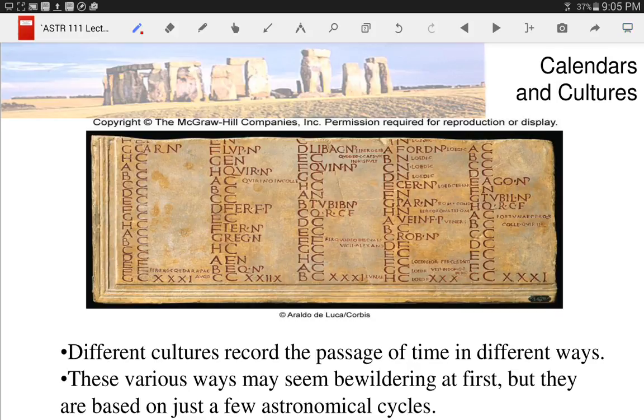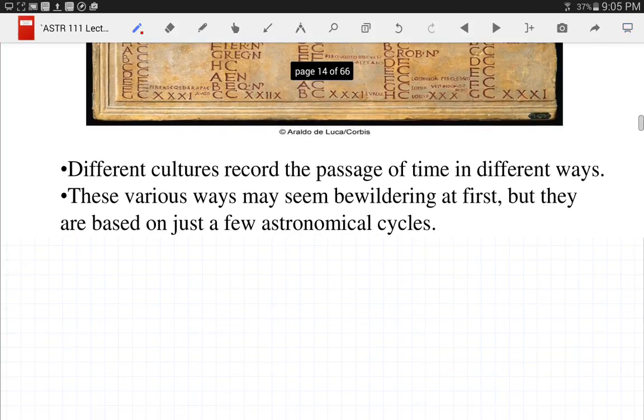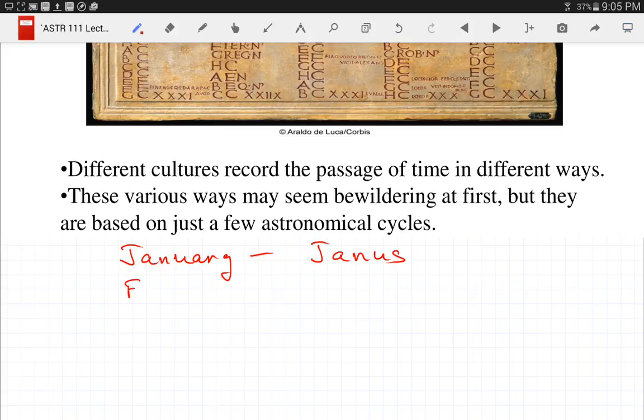Now we have our calendar, and it's fun to look at the names of the months. Okay, January. Where does the name January come from? It comes from Janus. And then we have February. I don't remember where February comes from. March. Where does March come from?